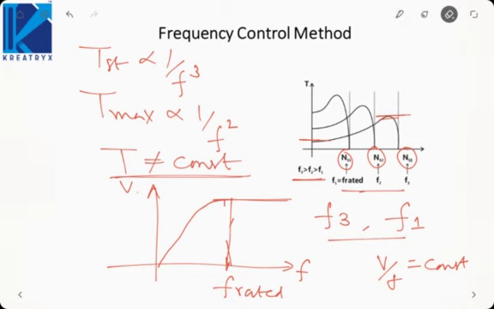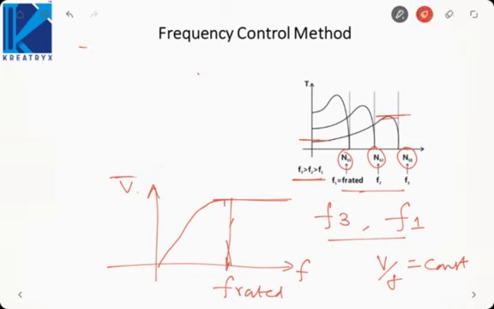But if you see, actually when we derived the torque, there it was proportional to E square and not the voltage square. And as we know, the difference between the voltage and EMF is the voltage drop across the series parameters of the induction motor. What are the series parameters? That is R1 and jX1.